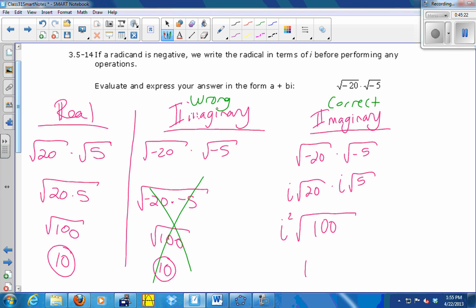The square root of 100 is 10, and i squared is negative 1. So you come out with negative 10, which just feels better, to have a different answer from the real analogous problem.